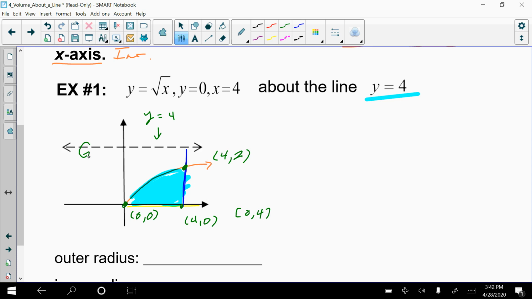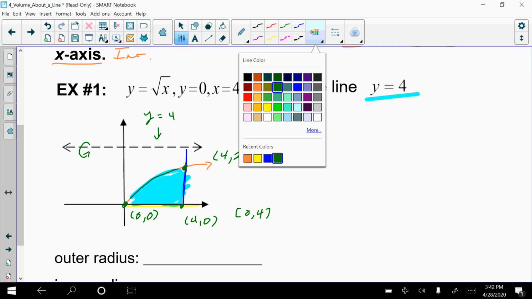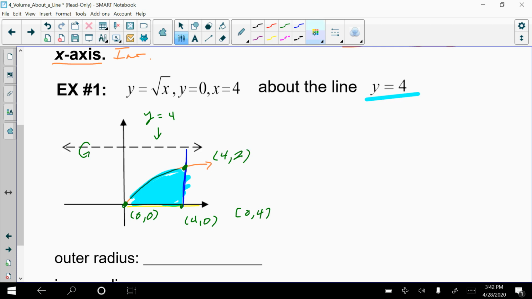As you do that, you can see you're going to have an inner radius and an outer radius created. Let me pick a different color here so things don't all start blending together. This bit right here would be the inner radius, because that's the part that's closest to the line that we revolve around.